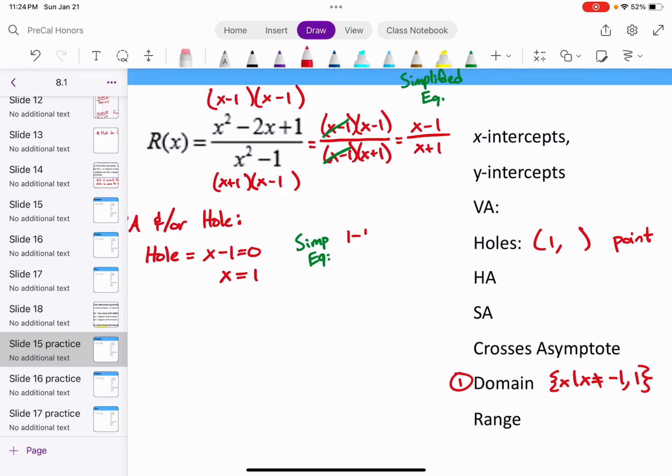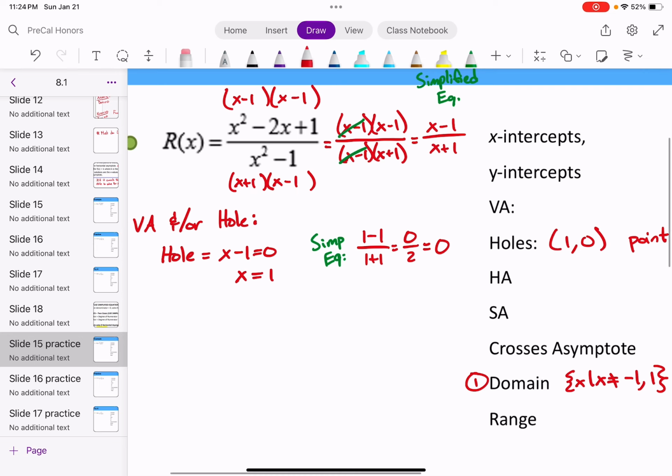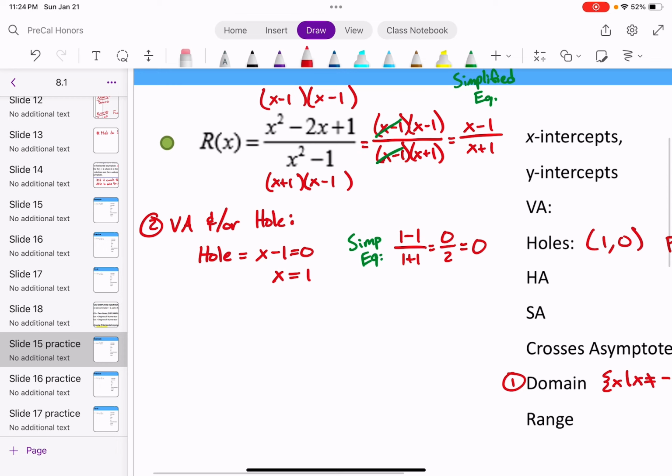So 1 minus 1 over 1 plus 1, 0 over 2, which is equal to 0. So this right here would be 0. And we figured out the hole of our step 2.